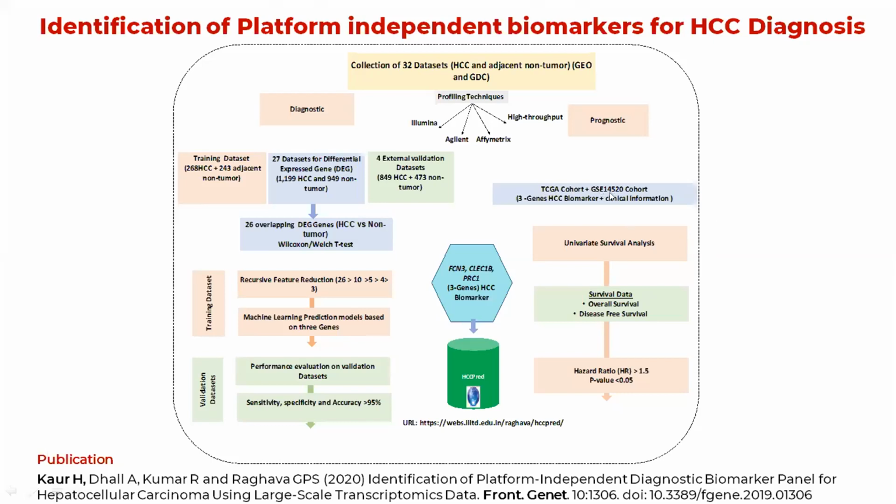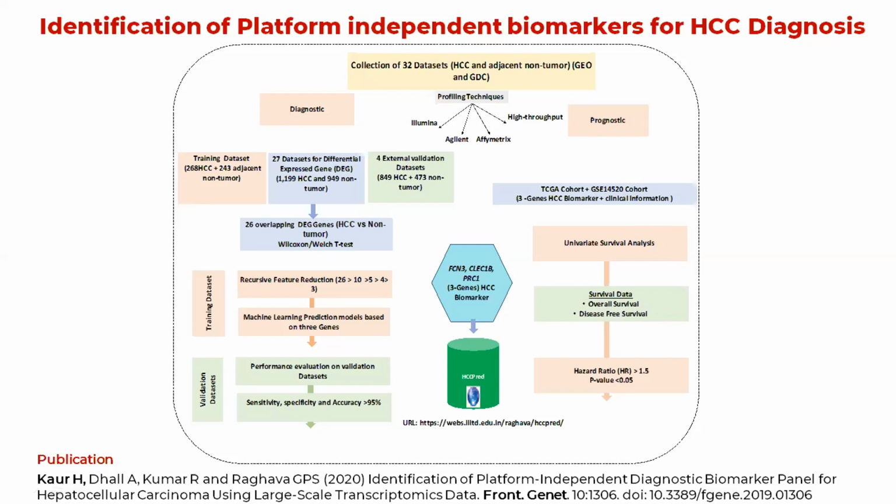The other is the GSE14520 cohort that we obtained from the GEO. In the TCGA, we have nearly 350 samples, and in the GEO cohort, we have nearly 220 samples. We performed univariate survival analysis to assess its prognostic potential. Here we have considered 2 types of survival data, that is overall survival and disease-free survival. Disease-free survival is also called recurrence-free survival.